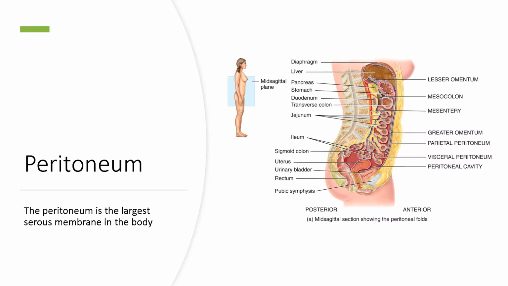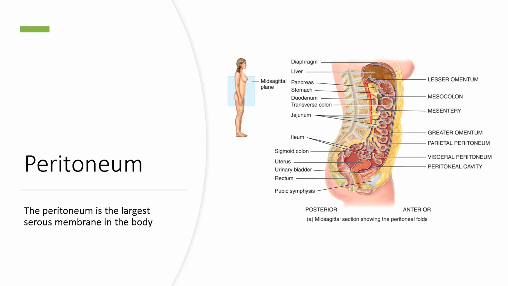Now let's talk about the membranes of the gastrointestinal tract. So the peritoneum, this is the largest serous membrane of the body. Now it consists of a layer of simple squamous epithelium with an underlying supporting layer of areolar connective tissue.